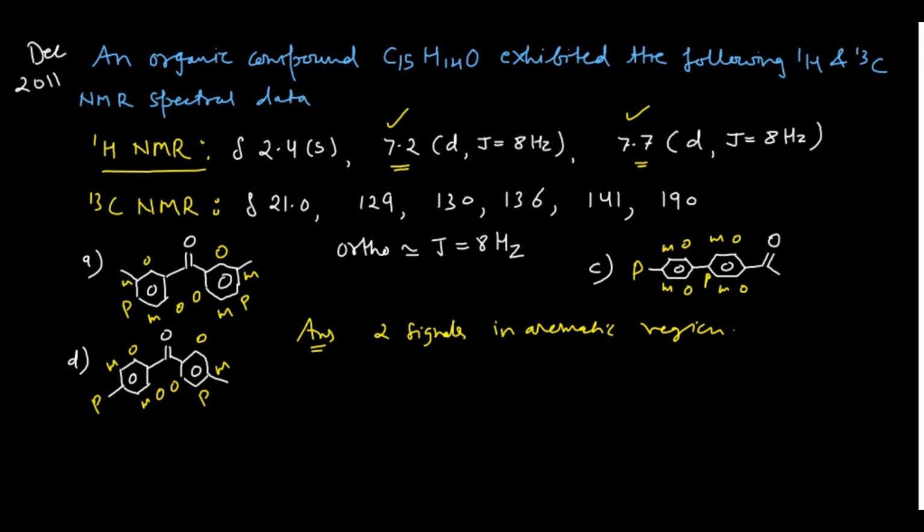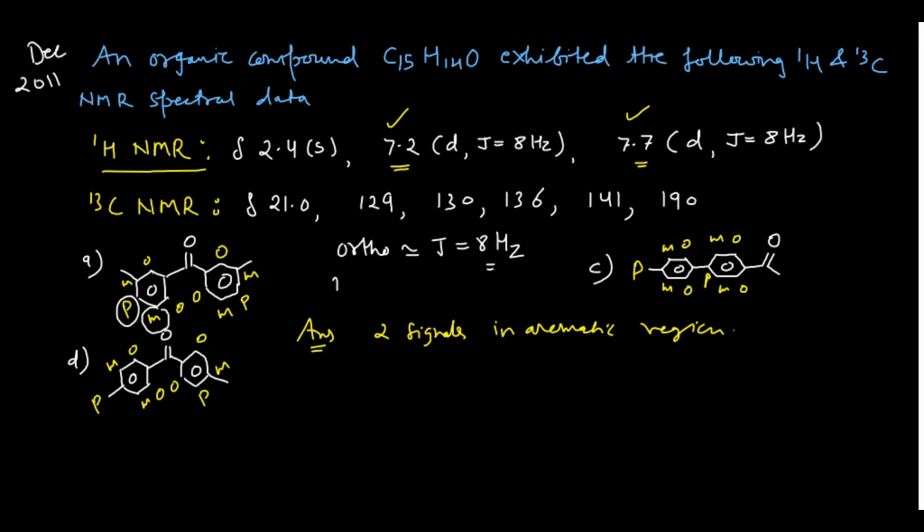Okay, now let's check how we can do that. Two hydrogens must be there. So this is ortho, one hydrogen is here, one hydrogen is here. But again you see the meta hydrogen is also there and the para hydrogen is also there. For para also this coupling constant is 8 Hertz, but for meta coupling you have a very low value of coupling constant.